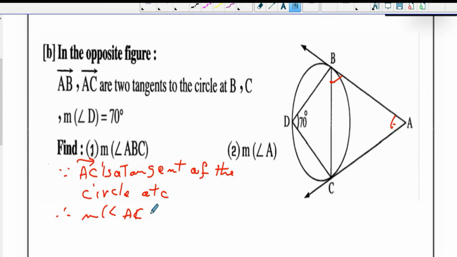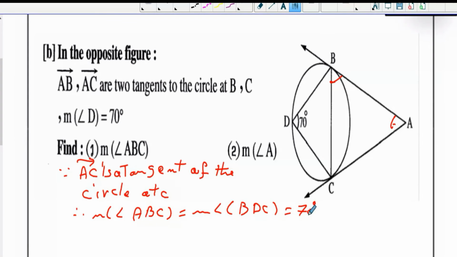Measure of the angle ABC equals measure of the angle BDC, which equals 70 degrees.